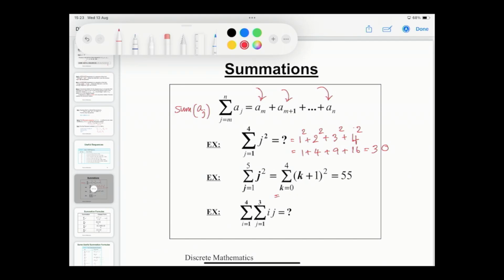Which is just that. So it's 30 plus 25, 55, right? This is equivalent to another summation of (k+1) squared, where k is from 0 up to 4.